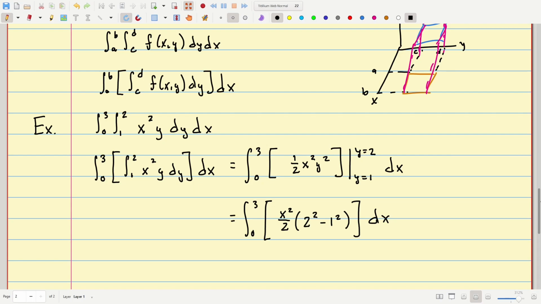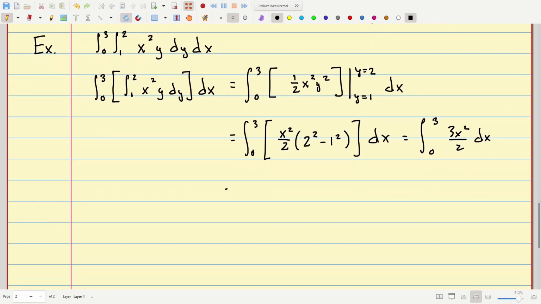So what this gives us is the integral from 0 to 3 of 3x squared over 2 dx. Then we do the next definite integral. The integral of x squared is x cubed over 3.